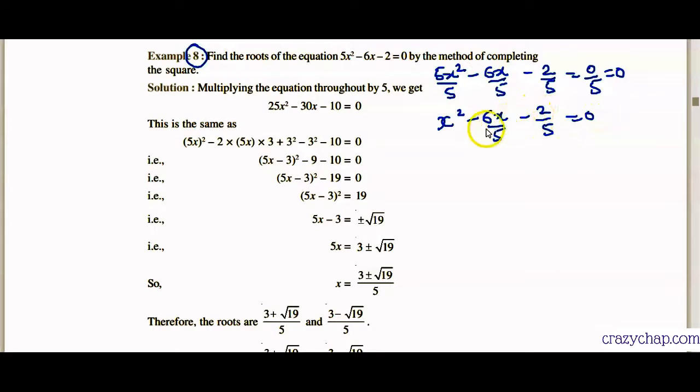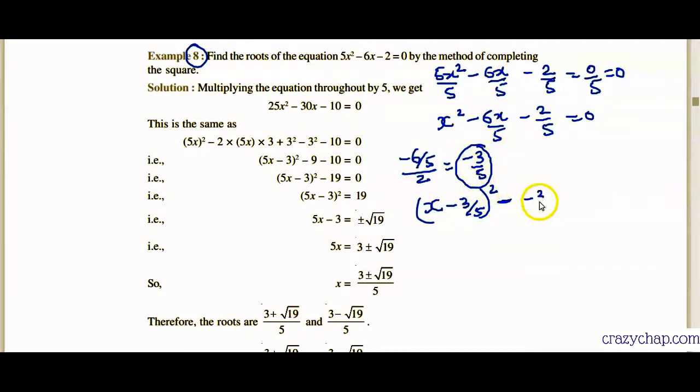The same process we will do, guys. The x coefficient here is minus 6 over 5. So this number we divide by 2. I hope you understand how to divide that. So you will get minus 3 over 5. So we'll use this for completing the square. So x, because this is negative, we'll put negative 3 over 5 whole square. And we always subtract the square of this number.